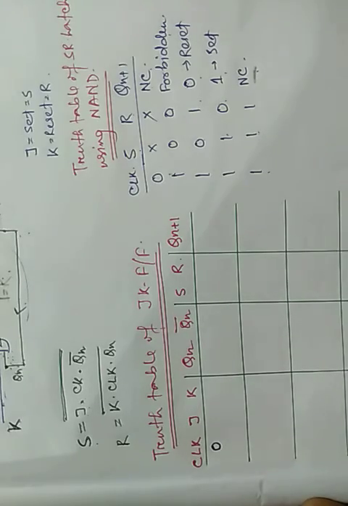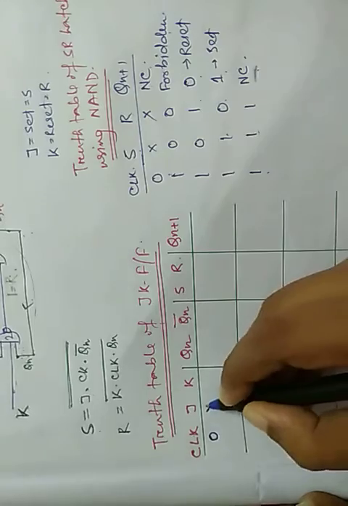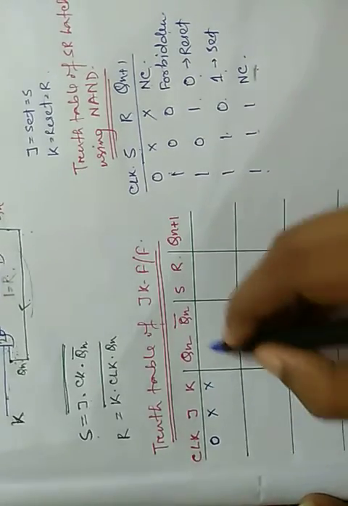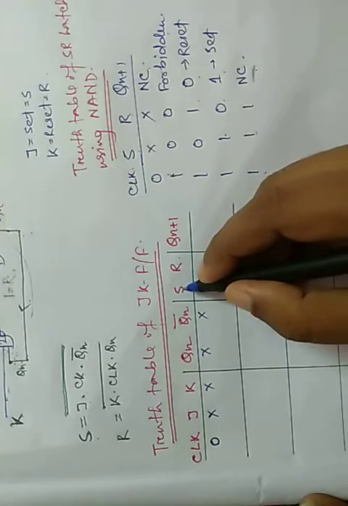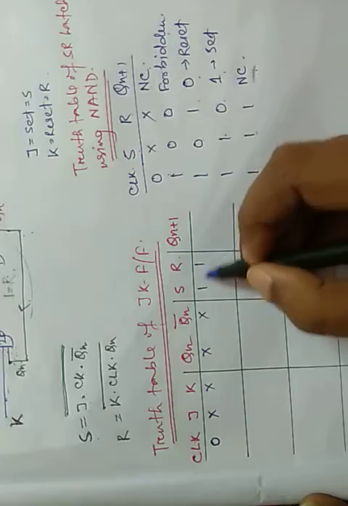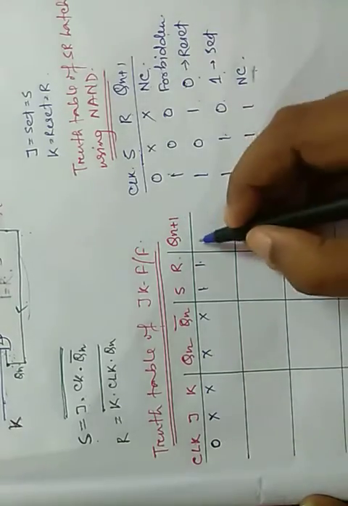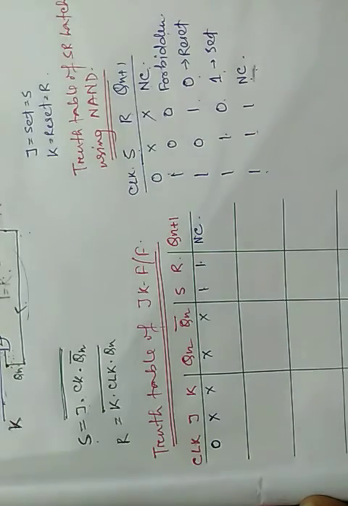Okay, so we can say that when the clock is 0, whatever be the value of J, K, or Qn bar, S and R are 1. As both are 1, Qn plus 1, no change.